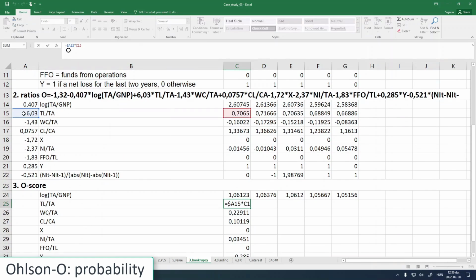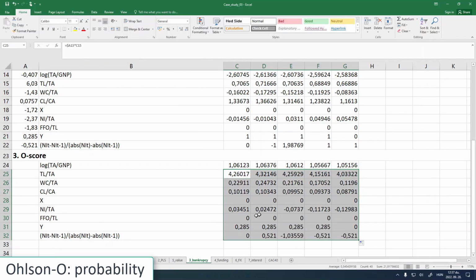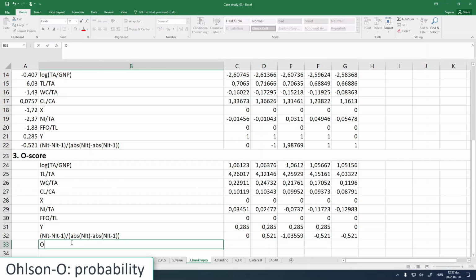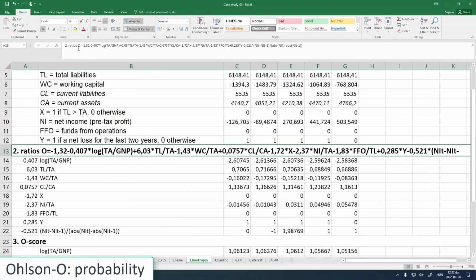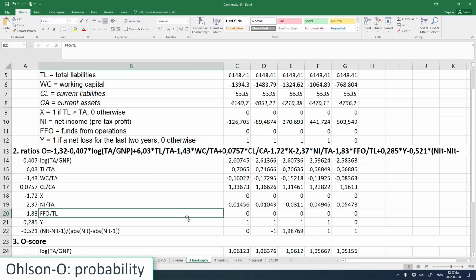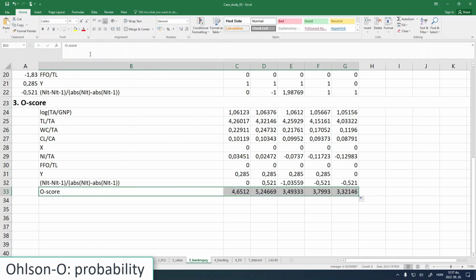Now we can see that it starts to go down, and also we can do it easily, and then we can say that the O score will be constant, we have this stupid minus 1.32 plus all this stuff above, and we got a number. Yay!